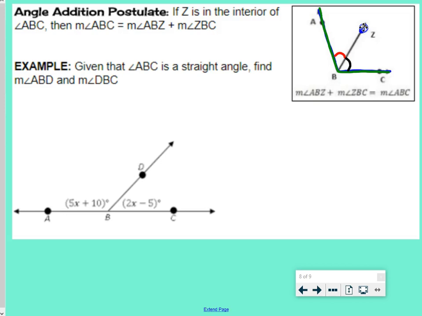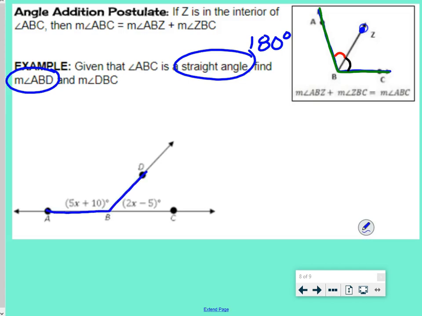Given that angle ABC is a straight angle, which means it measures 180 degrees, find the measure of angle ABD and the measure of angle DBC. These make up the straight angle ABC, so this angle plus this angle is going to equal 180.